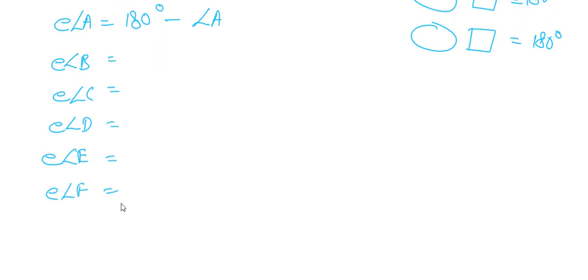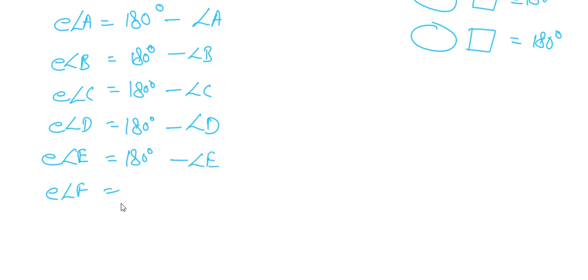Seems clear till now? Any doubt must be sorted. Is it clear? So I can say that in a regular polygon, my external angles are always the same.